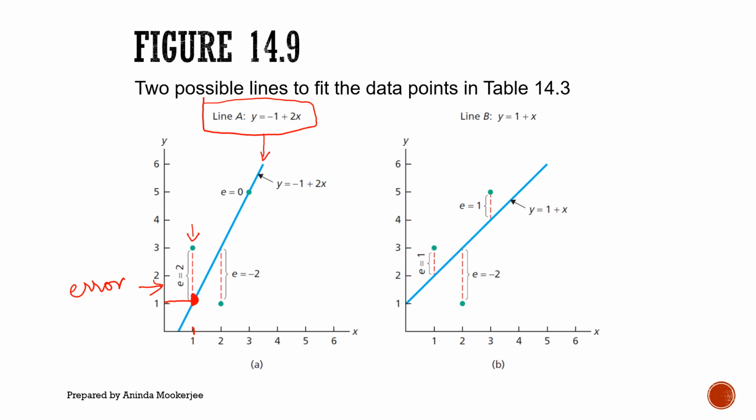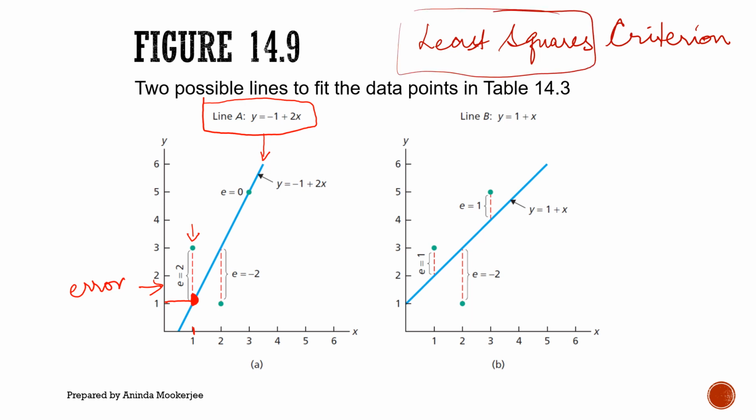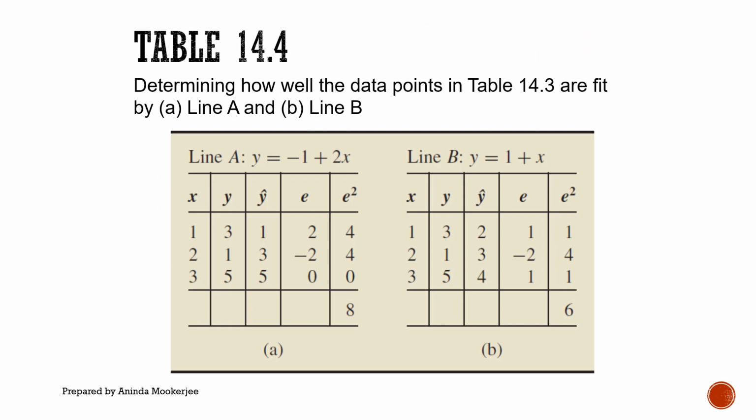This whole process is also called the least squares criterion, because we end up choosing the line that meets this criterion of having the least squares. We'll go through a step-by-step process of working that least squares in the next couple of slides.